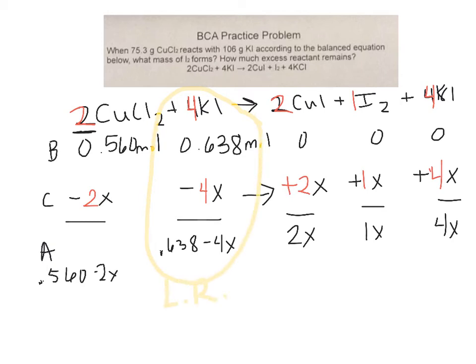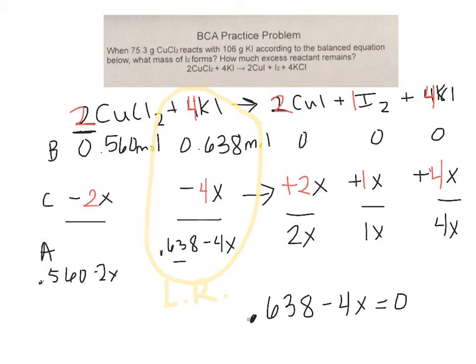All right. So if I think that's my limiting reactant, what I'm actually claiming is that 0.638 minus 4x is equal to 0. So 0.638 minus 4x, I'm supposing is going to be 0.